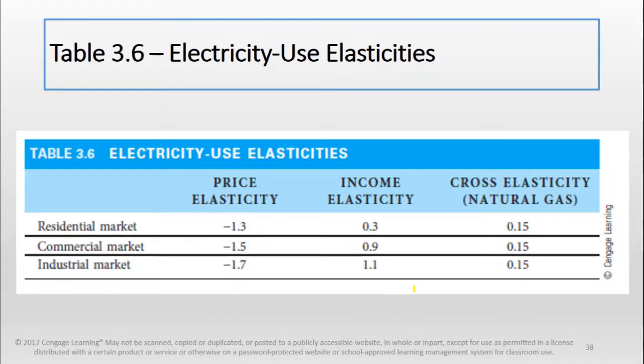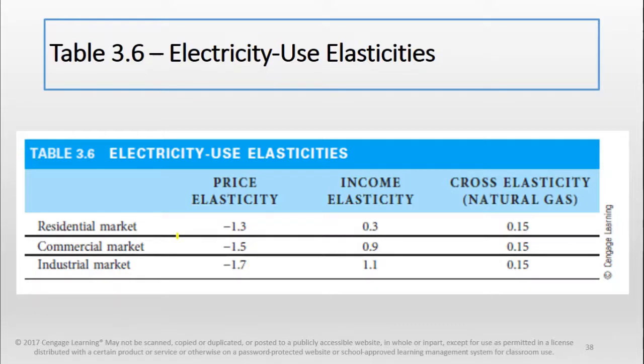As you can see here, the residential, commercial, and industrial markets have the following price elasticities: 1.3, 1.5, and 1.7. So, as you can see, the price elasticity of demand for electricity is relatively elastic.